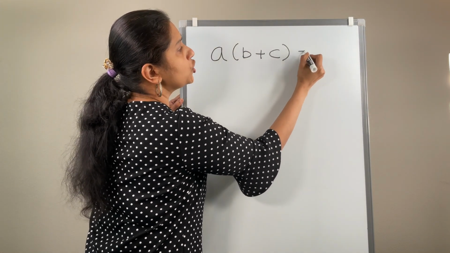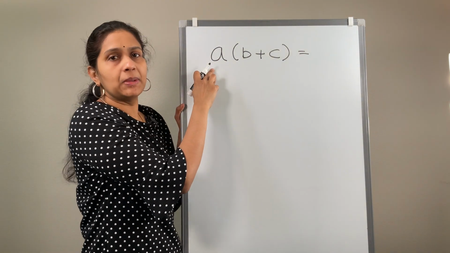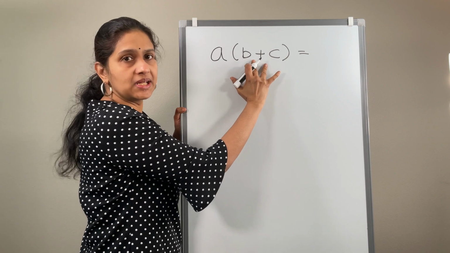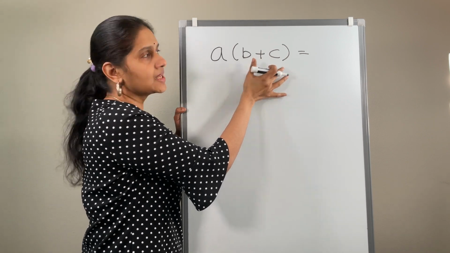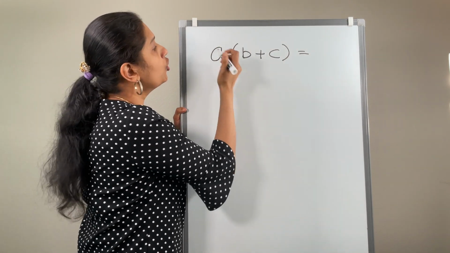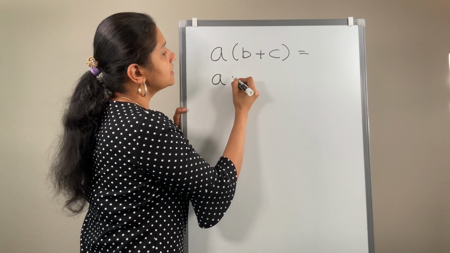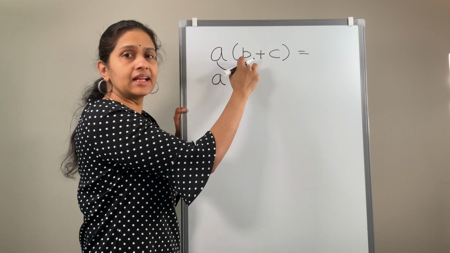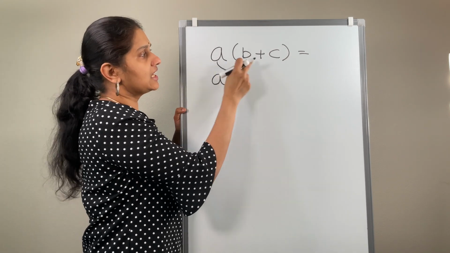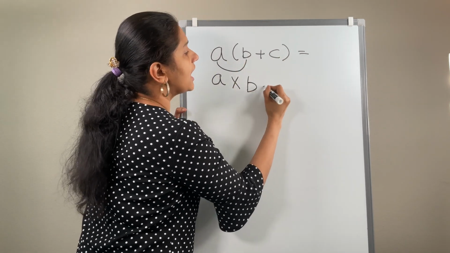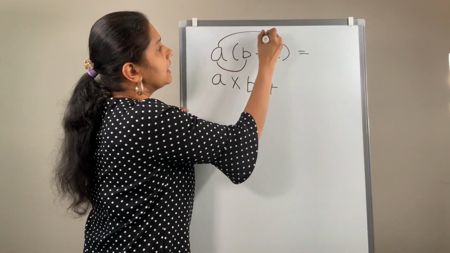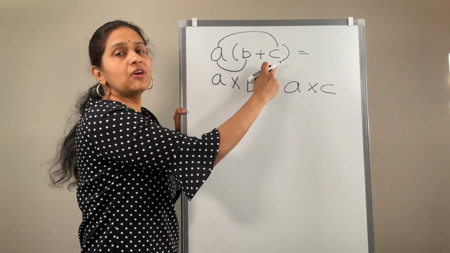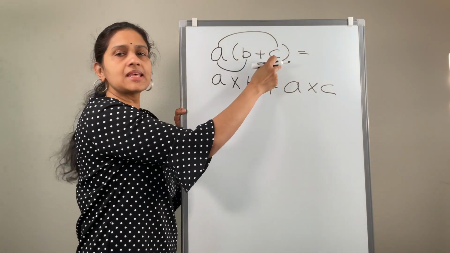You will have a variable outside the parenthesis and a sum of two variables inside the parenthesis, which will be equal to the variable outside the parenthesis times the first variable inside the parenthesis, that is A times B, put the addition sign, then again multiply A times the second variable inside the parenthesis after this addition sign.